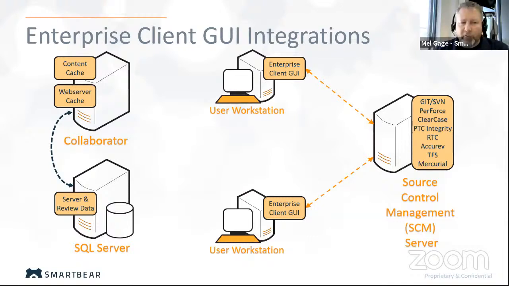So the Collaborator server itself can be secured with SSO as well as through LDAP and Active Directory. So you've got a couple of different options there on how to secure authentication with the Collaborator server. The communications to the SQL server are simply negotiated with a secure username and password between Collaborator and the SQL server.